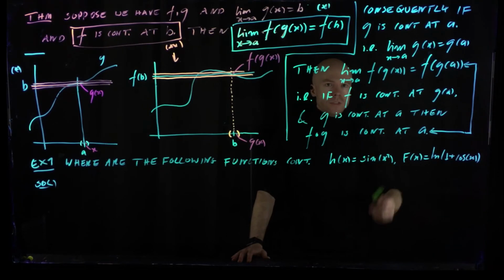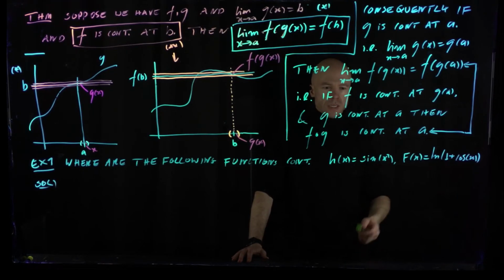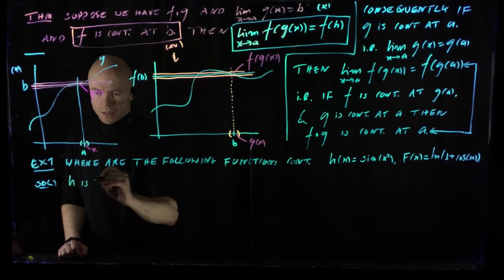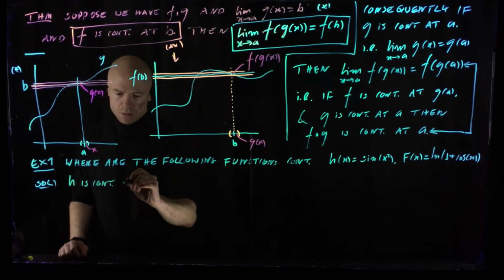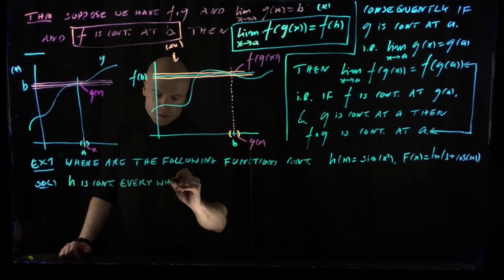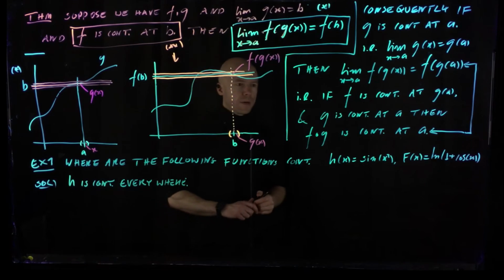X squared is always continuous everywhere. Sine is also always continuous. So there's no way this can go wrong anyway, right? So h is absolutely fine. So h is continuous everywhere. No problems with that.